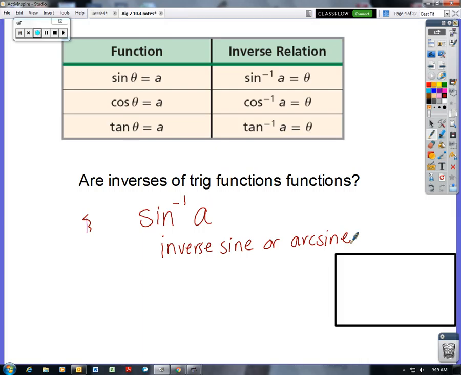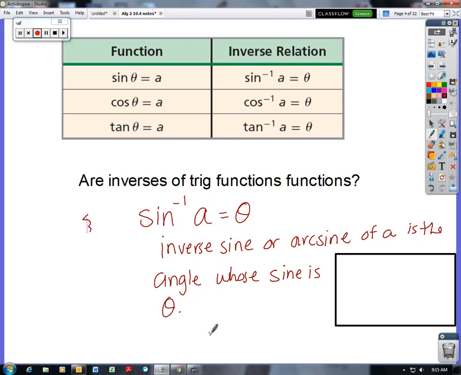And the important thing about inverse sine or arc sine is it's the angle. Okay, let's do this. Inverse sine of a equals theta. Inverse sine or arc sine of a is the angle whose sine is a.